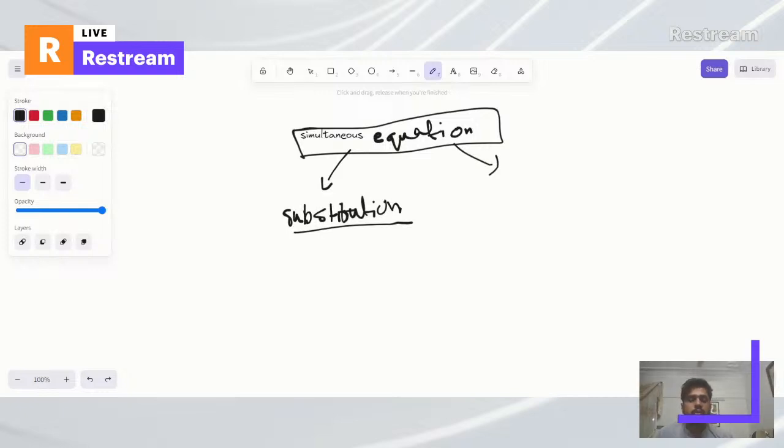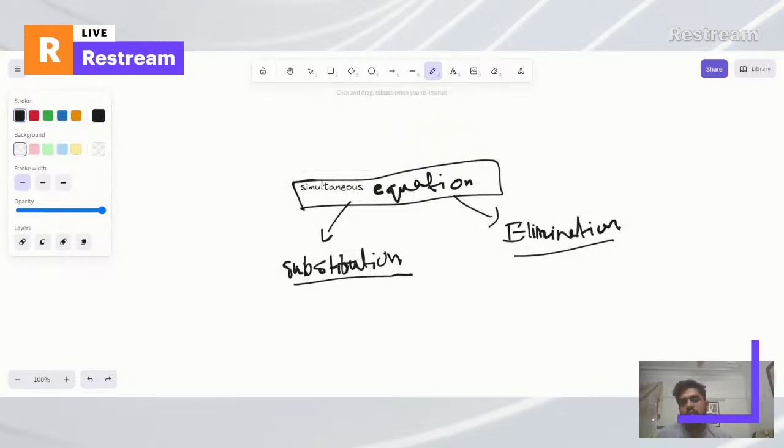And there was some other way called elimination, right? Elimination is one of the ways. However, it's not that preferred. I'm going to teach you how to do this, but I'd prefer you guys solve the equations using the substitution method only. And there was a graphical way as well.